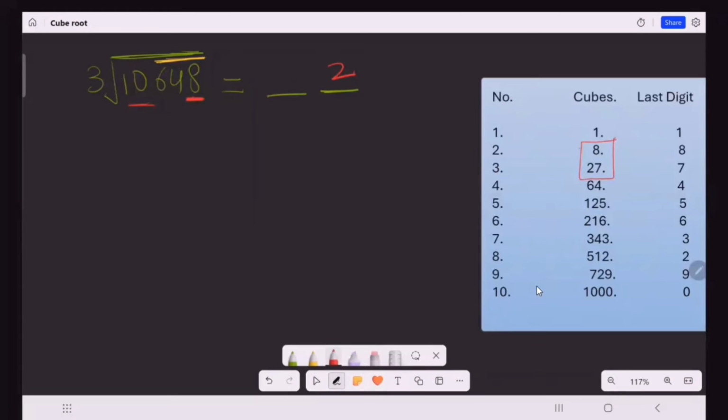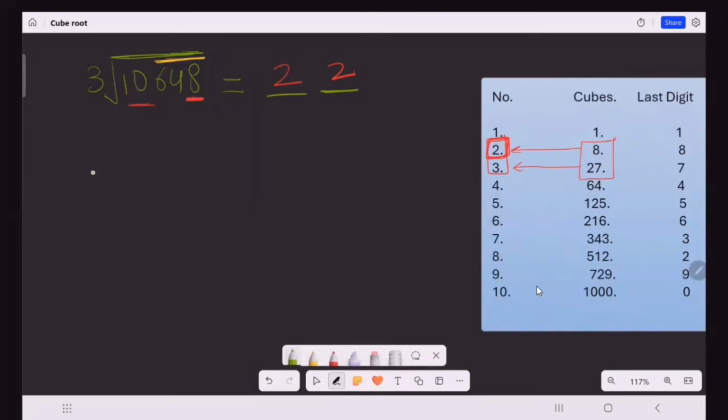The corresponding number of 8 is 2 and the corresponding number of 27 is 3. The lower number in the corresponding number column is 2. Now I'm going to plug in this 2 in our tens digit. So this is our answer for the cube root of 10648.